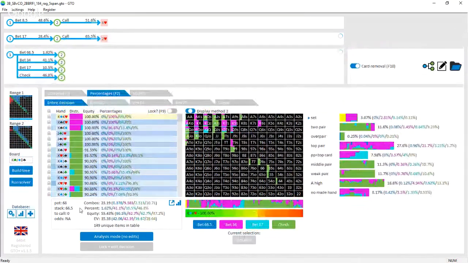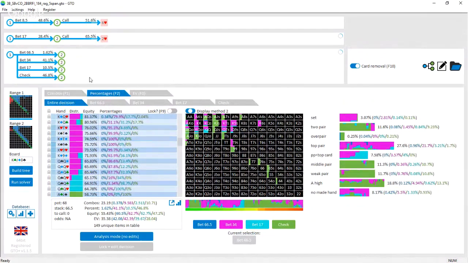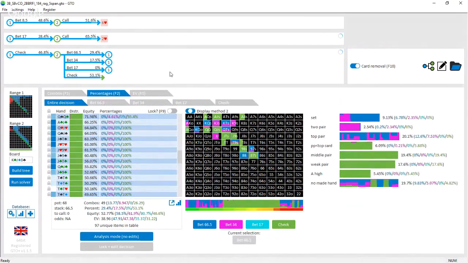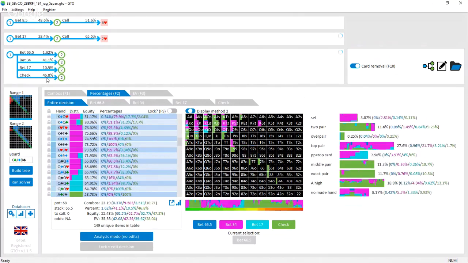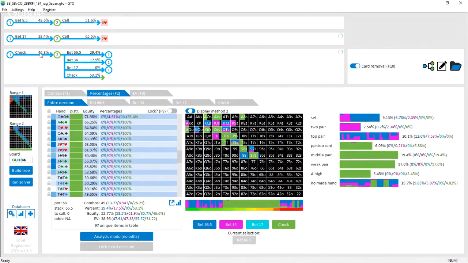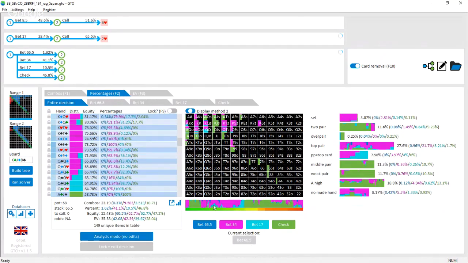Call. It's a 2. And here the SPR is roughly 1. And so you can think that the 50% rule is going to apply, and you look at it and it does. Right. So here the SPR is roughly 1, the stack 62.5, and the pot 68, but for all intents and purposes, it's roughly 1 to 1. Maybe if there were more bet sizes for both players, you could find a checking range being slightly less than 50% of the time, but here it still applies.